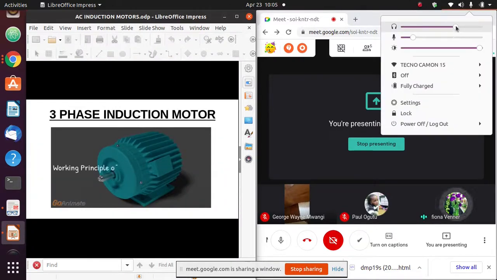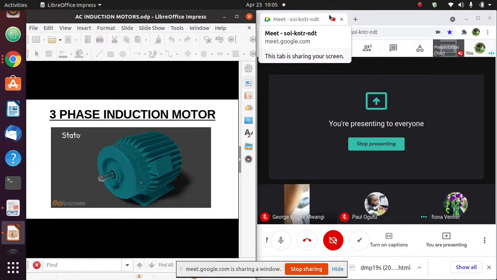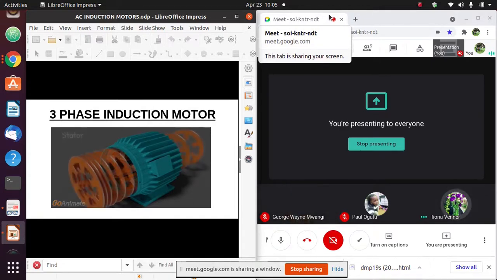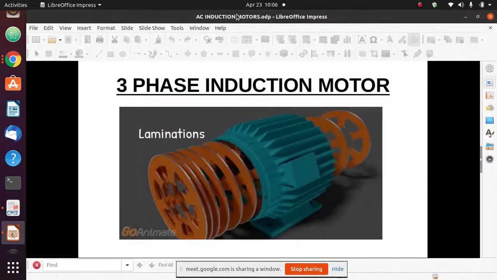Have a discussion about working of three-phase induction motor. For understanding the principle of three-phase induction motor, we first look at the basic constructional feature of this type of motor. This motor mainly consists of two major parts. First one is stator. Stator of this motor is made up of number of laminations of cold grain oriented silicon steel to reduce hysteresis and eddy current loss.